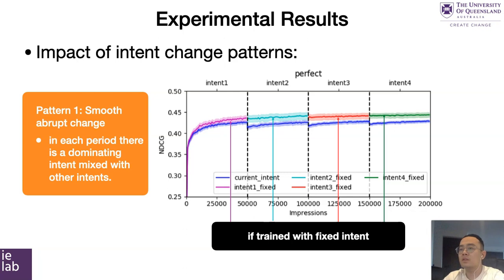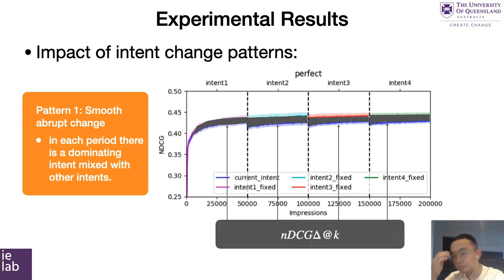The colored curves in the figure are the NDCG performance if you train the ranker with a corresponding fixed intent environment. And the blue curve is the performance of the ranker trained with the current interchange. So the size of the shaded area between the fixed intent and the current intent indicates the total loss of the ranker trained with the interchange environment, which is what our second proposed metric, NDCG delta at k, tries to estimate.